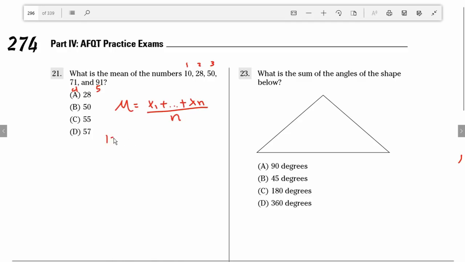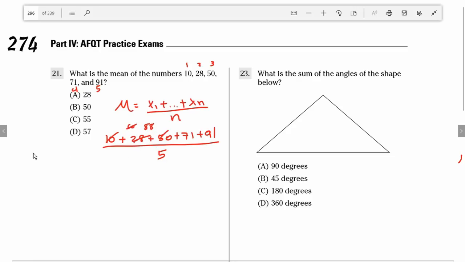So let's go ahead and do that. 10 plus 28 plus 50 plus 71 plus 91 all over 5. Again, there's 5 numbers. Let's go ahead and add this up. 50 plus 10 is 60. Plus 28 is going to be 88.